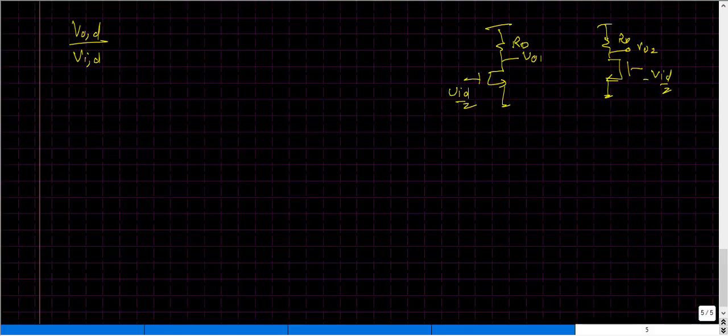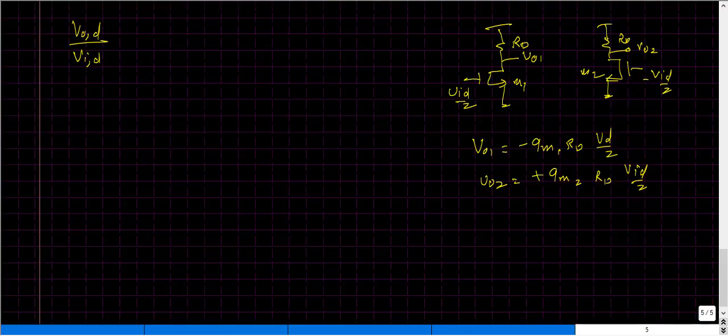Now let us try to extract the value of VO1. As we know, the value of this would be minus GM RD VID by 2, and my VO2 would be equal to plus GM RD VID by 2. If I take M1 here and M2 here, obviously it would be GM1 for the top equation and GM2 for the bottom equation.